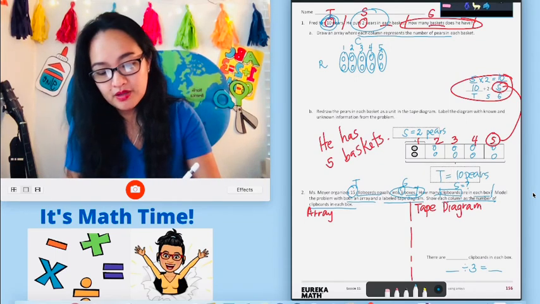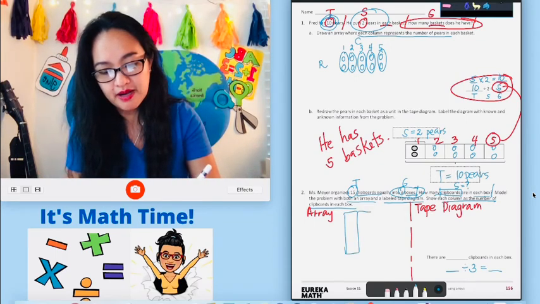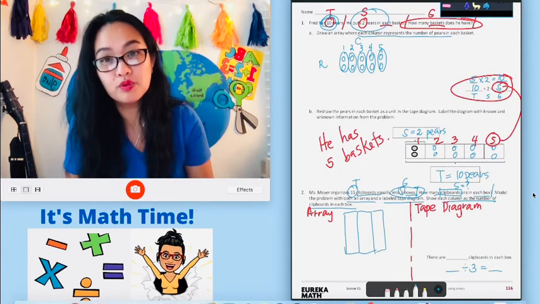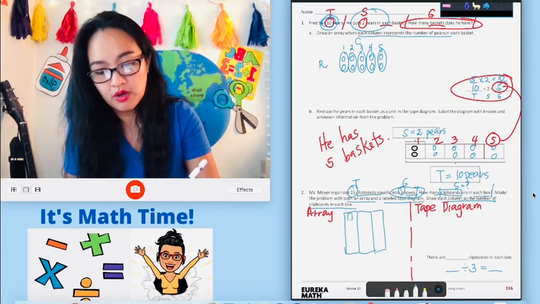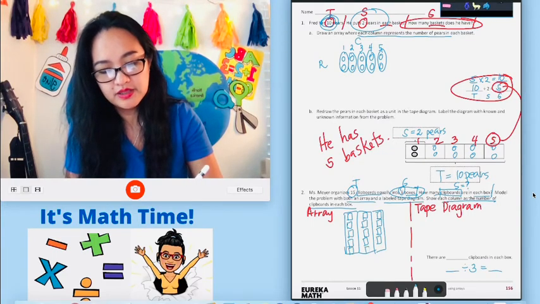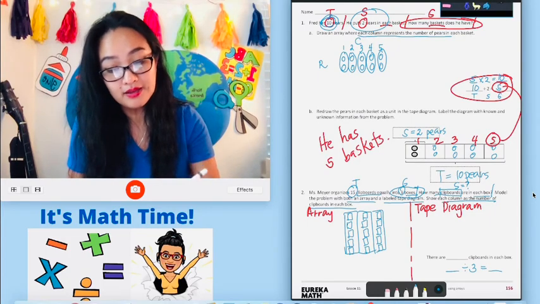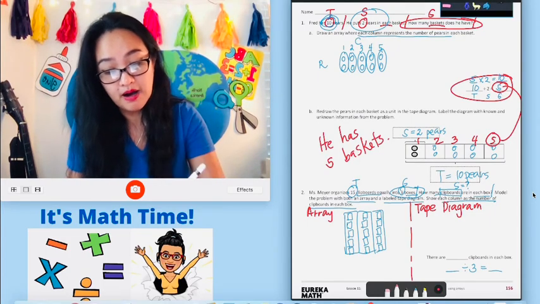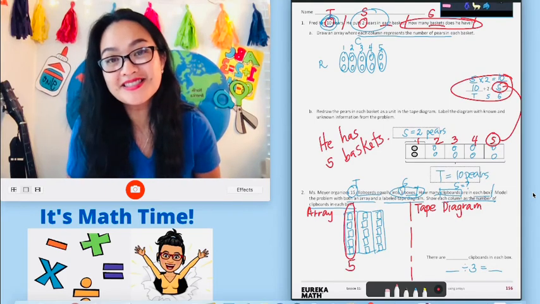Ready? So these are my 3 boxes in my array. And I will start counting. 1, 2, 3, 4, 5, 6, 7, 8, 9, 10, 11, 12, 13, 14, and 15. So now I know that in 1 box, I have 5 clipboards.